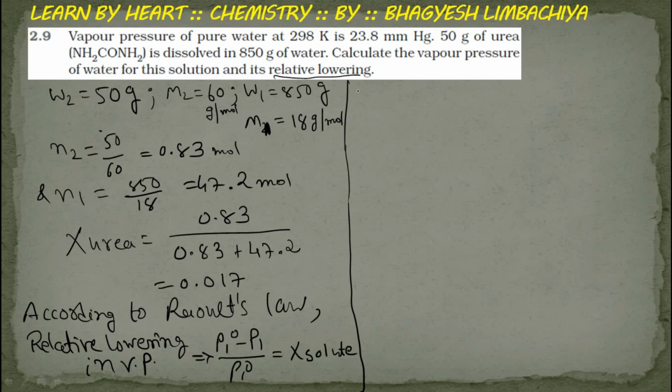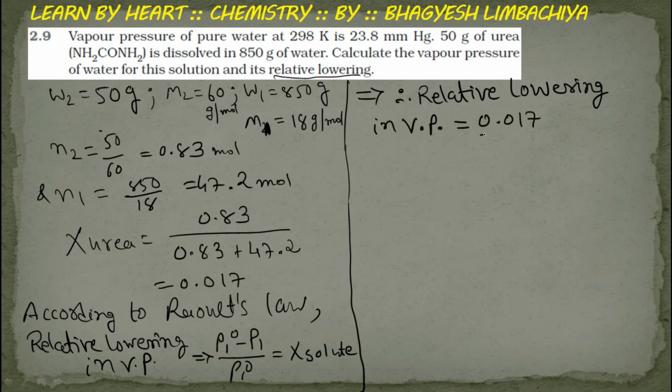So the first answer is found, that is, the relative lowering in vapor pressure will be 0.017, and it is unitless.